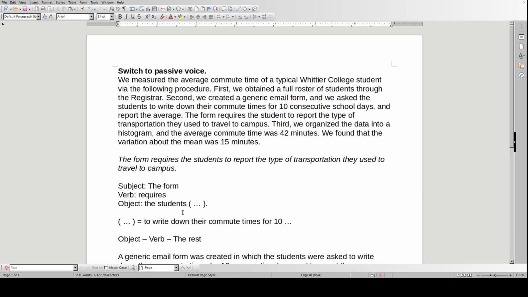So the parenthetical rest of the sentence that we'll have to sprinkle throughout the result would be to report the type of transportation they used to travel to campus. So the form requires the students to report. That would be a complete sentence, but there's additional clarifying information in the parenthetical rest of the sentence.